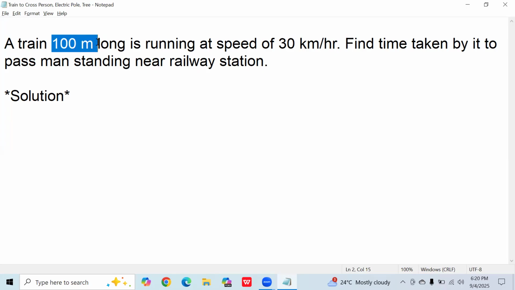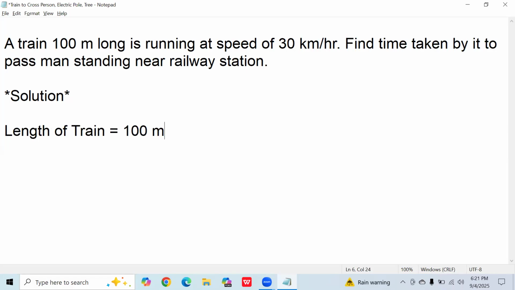So train length is 100 meter. Whatever time is required for that train to cover 100-meter distance, that will be the time for crossing a man or electric pole or tree. So let's write down whatever things are given. Length of the train is 100 meter.